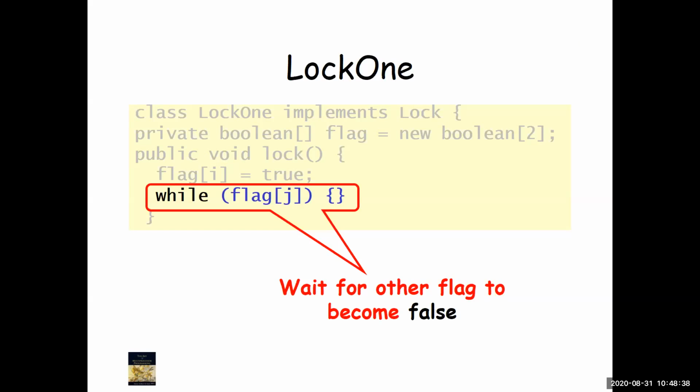Not entirely sure, but I feel like there's possible deadlock that may happen. Like flag j may never become false, just stays true. That's correct. If both sides set their flag to true, and then they both enter this while loop, they will both wait forever for the other one to lower it. So there's a deadlock there.